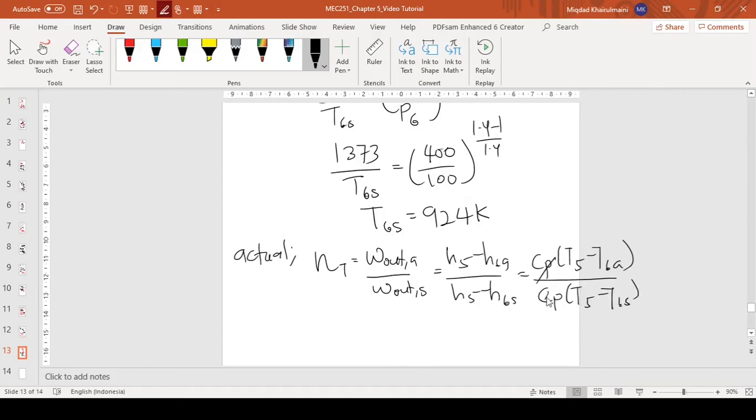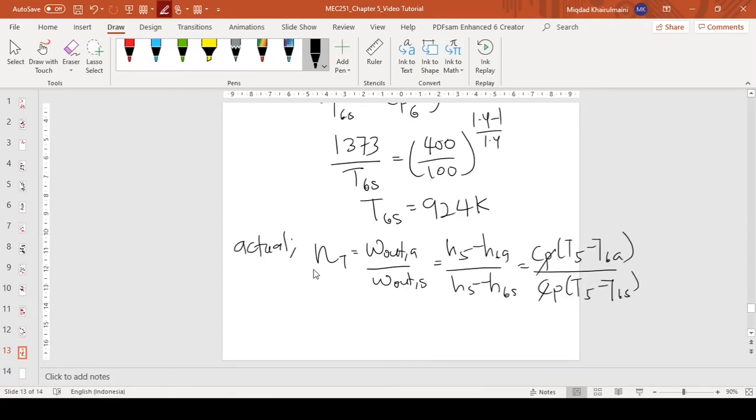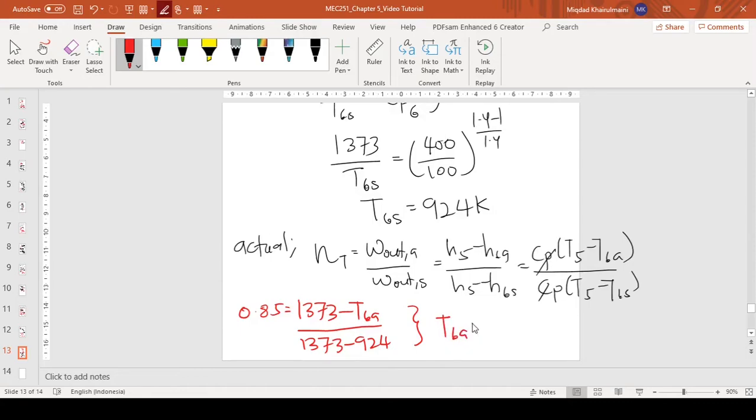So 0.85 equals (T5 minus T6A) over (T5 minus T6S), where T5 was 1373, T6A we want to calculate, and T6S was 924. Solving this, T6A equals 991 Kelvin.